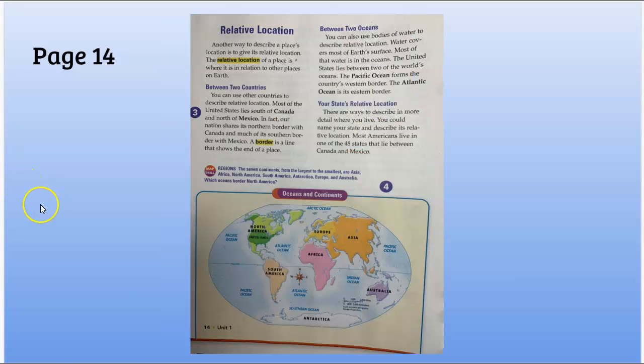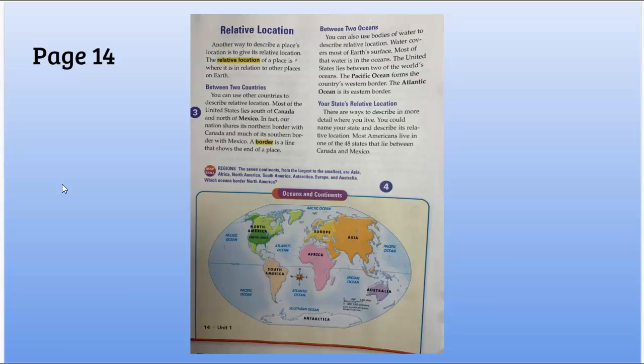Moving on to page 14, relative location. Another way to describe a place's location is to give its relative location. The relative location of a place is where it is in relation to other places on Earth. Between two countries. You can use other countries to describe relative location.